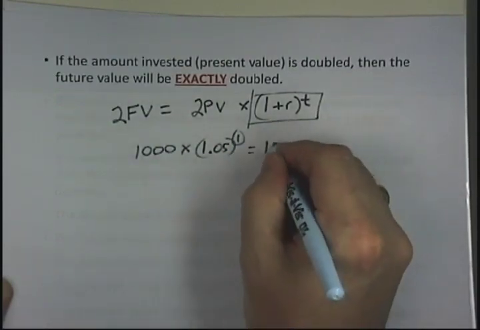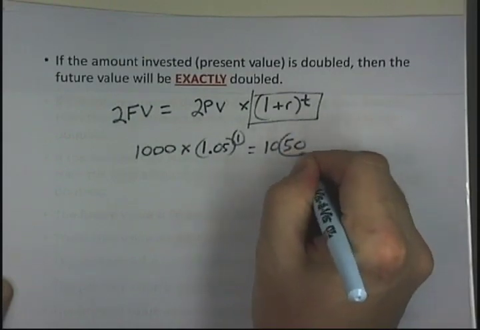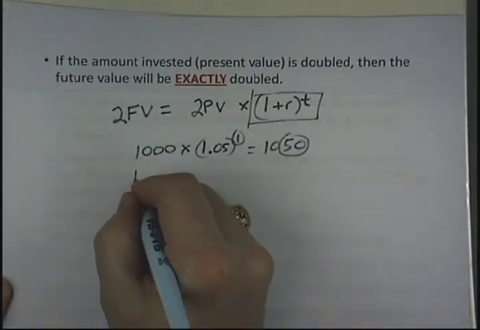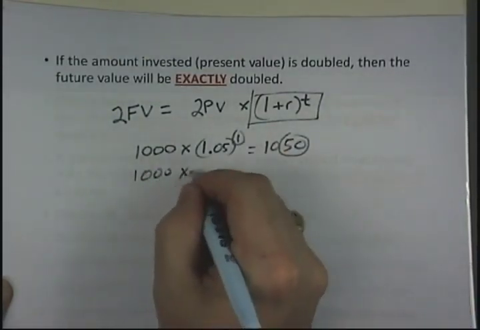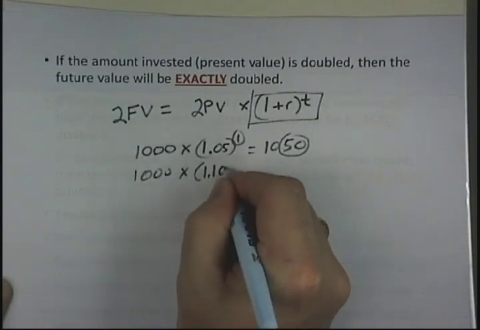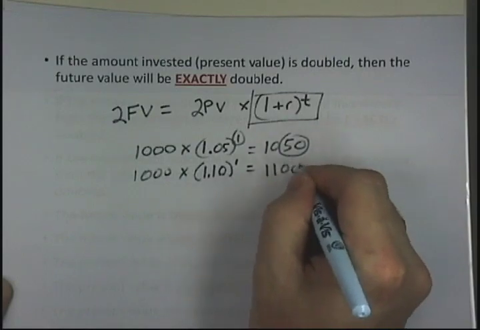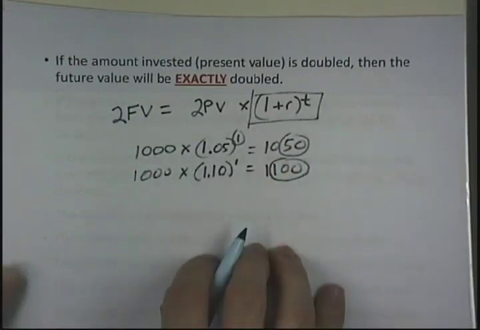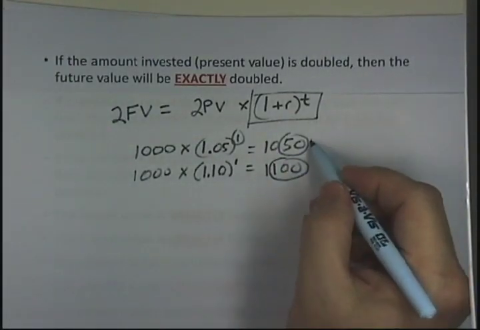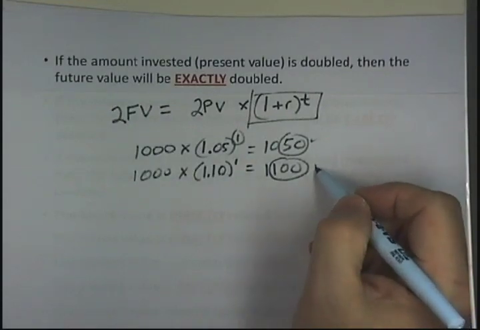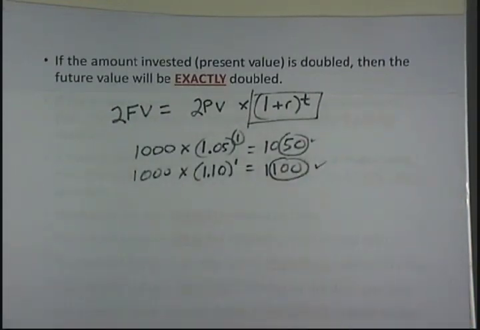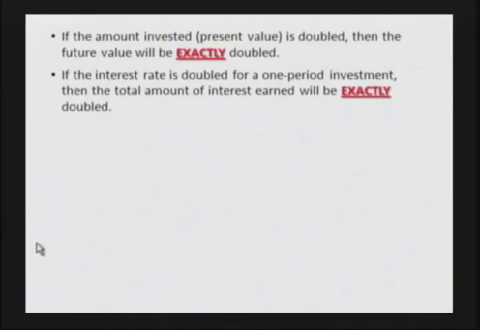So a $1,000 investment would grow to $1,050 at 5%. Doubling that interest rate, the $1,000 investment would grow to $1,100. In the first case, the interest was $50. In the second case, it was $100. The amount of interest was exactly doubled for that 1-period investment.